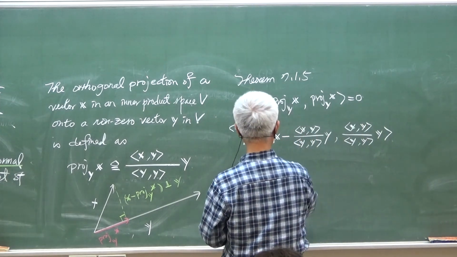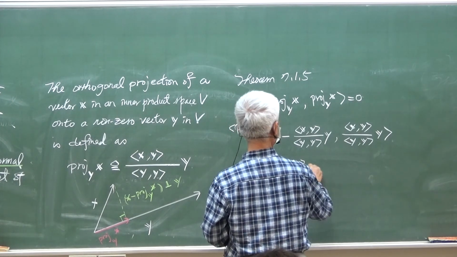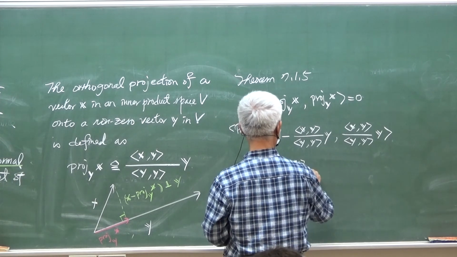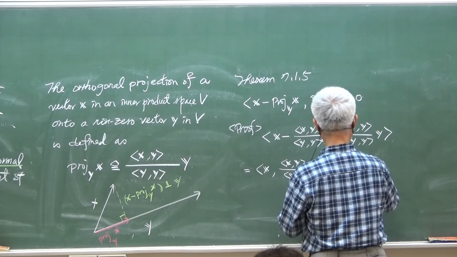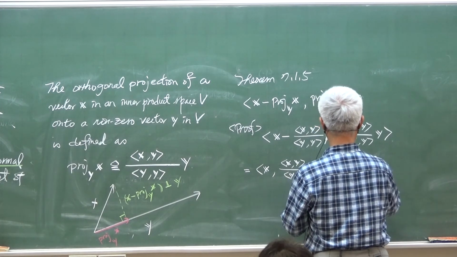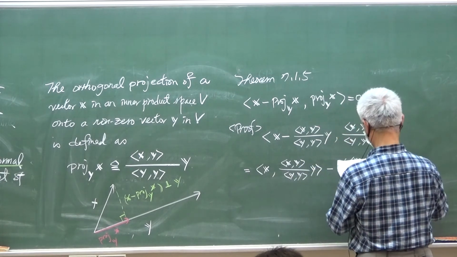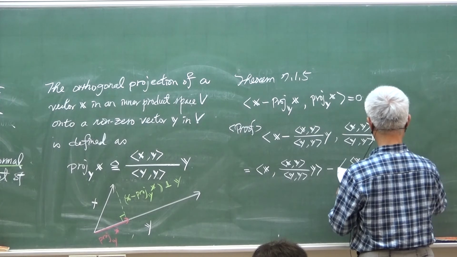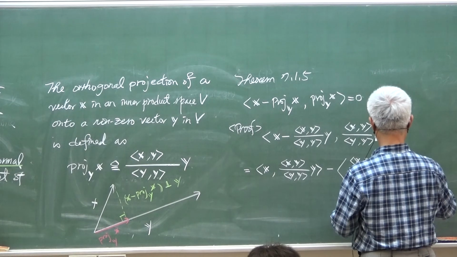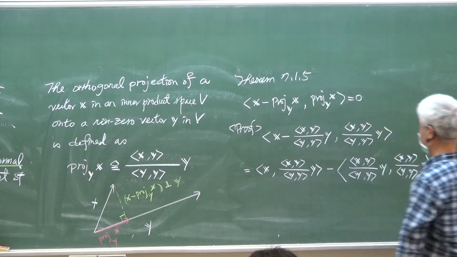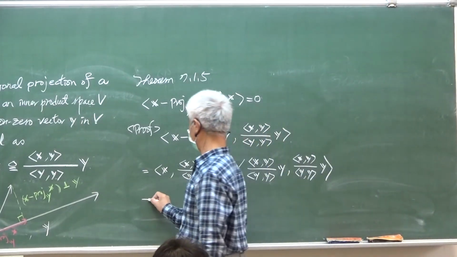By linearity in the first argument, we have the first term minus the second term.